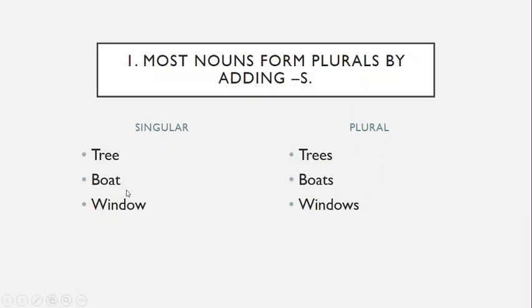Okay, boat. Boat is singular, means one boat. Simply you add the s and it becomes boats and it became plural. It means many boats. Then window, it is singular, means only one window, and you add the s at the end and it becomes plural. Students, you got it? Most of the nouns form plurals by adding simply s.